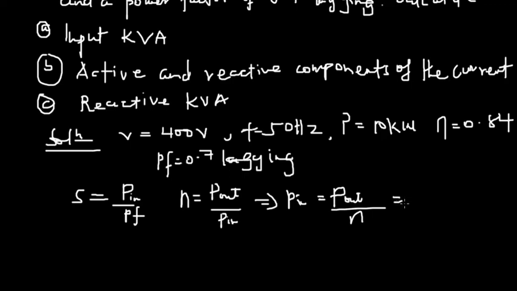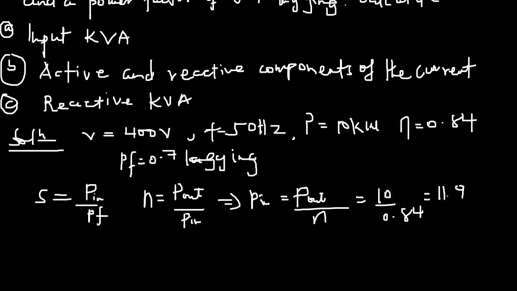We've been given the power output to be 10 kilowatts, so we have 10 divided by 0.84, which gives us around 11.905 kilowatts. Now this is our power input.